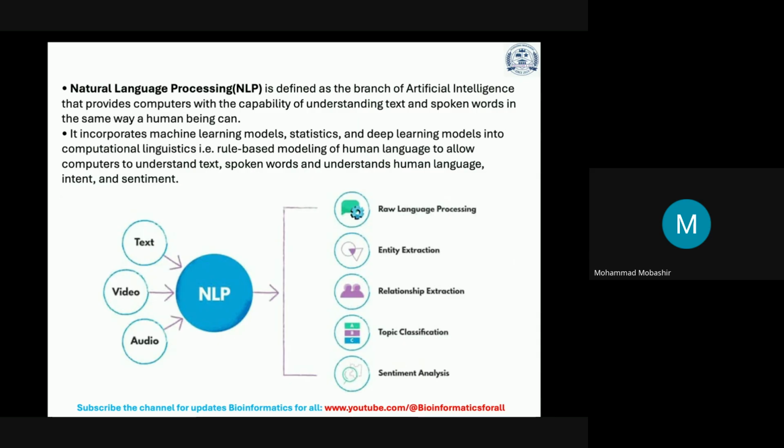I am quite sure that most people could be familiar with words like raw, entity, extraction, topic classification. What does the word sentiment mean here? Basically, if you understand the basic meaning of sentiment, here also it has the same meaning. It is nothing different from the real meaning of sentiment.